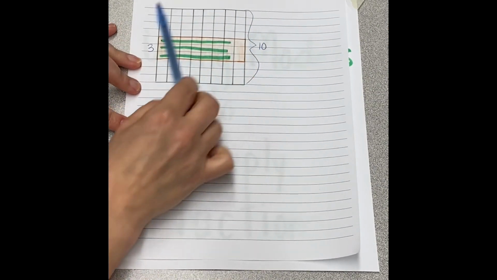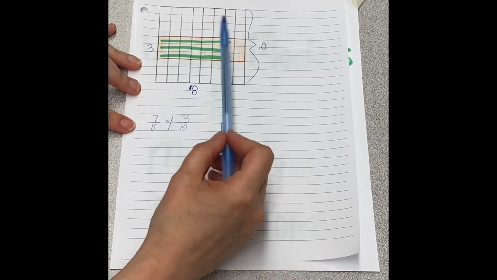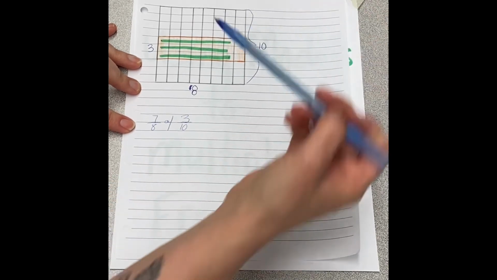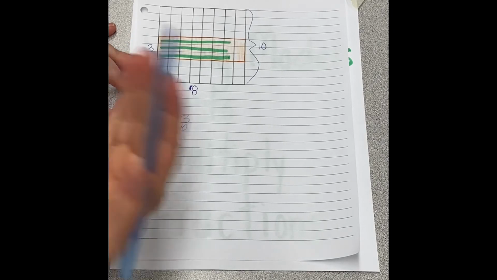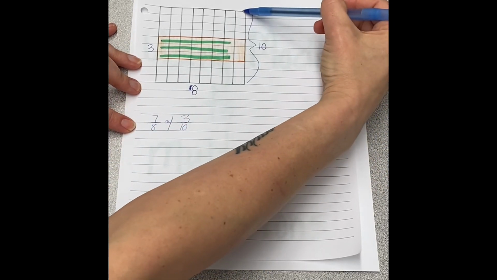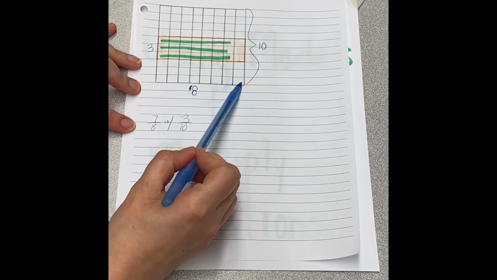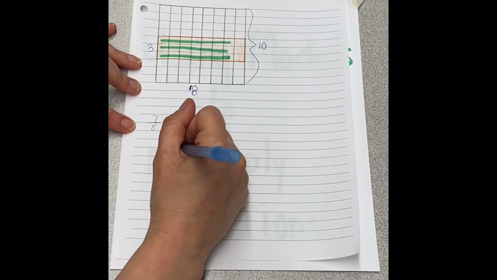So what will be my new denominator, or the number of equal parts the garden has been divided into? Originally it was divided into tenths. What will it be divided into now? It is 80 parts, because if I have divided it into 10 equal parts this way and 8 equal parts this way, 10 multiplied by 8 gets me 80.